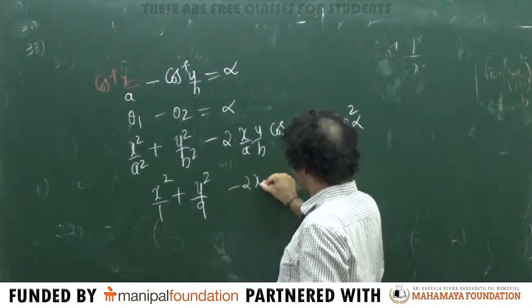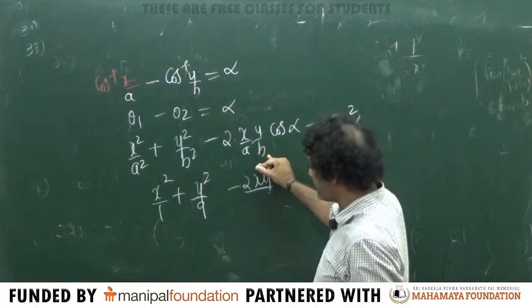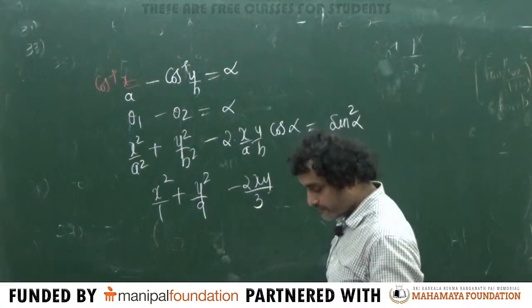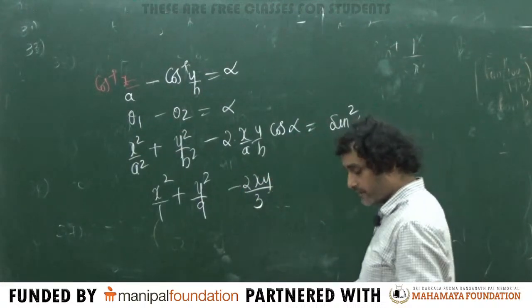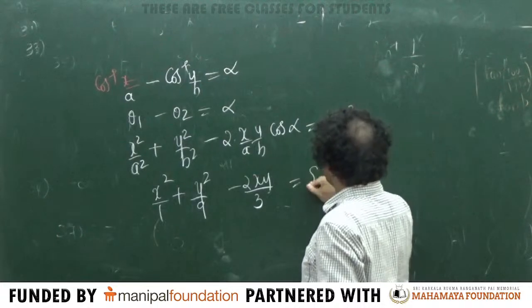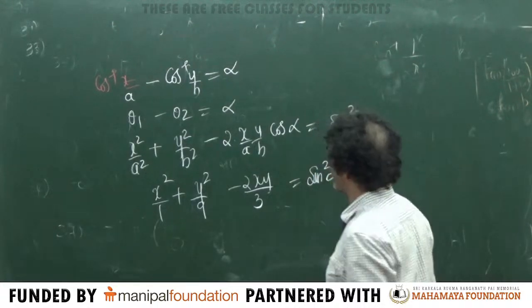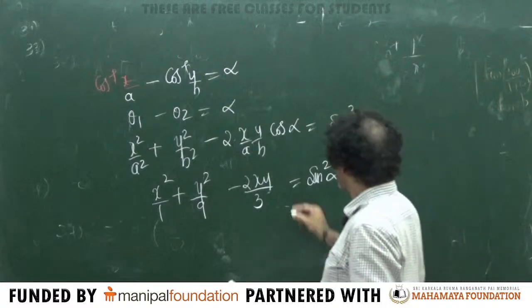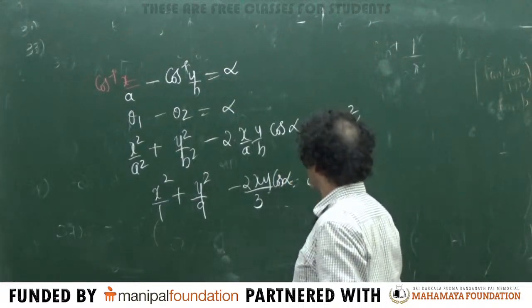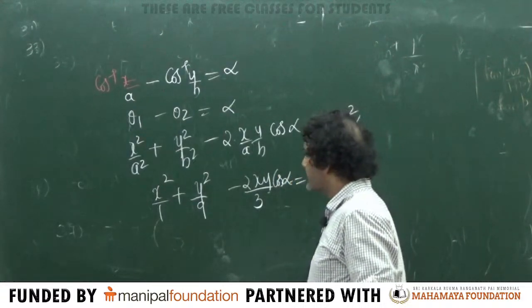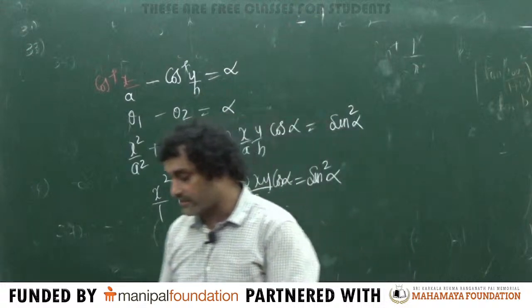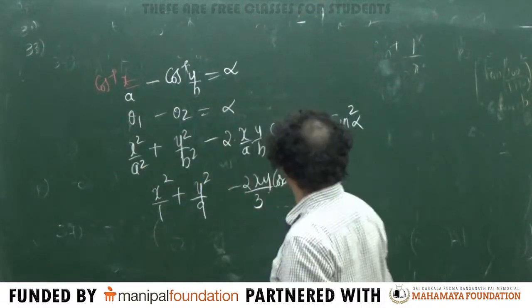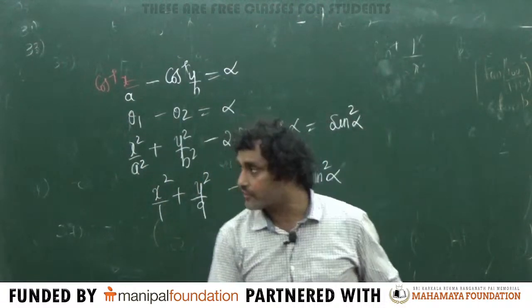Minus 2 xy by a into b, which is 1 into 3. Is equal to sine square alpha. And here one cos alpha is there. So now if you see, this is not the result. In the result we have, I'll show you the options, okay? Please see that.